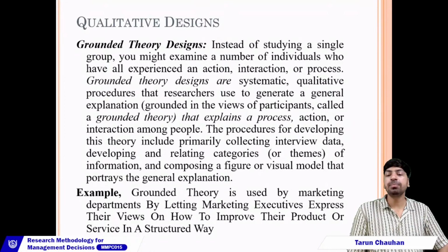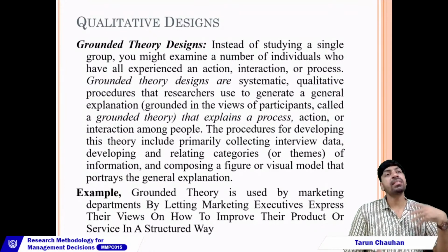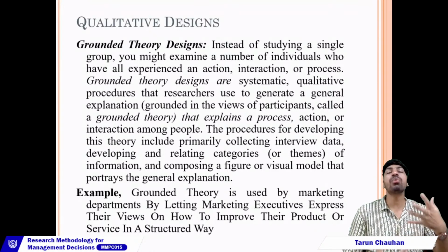For example, if a particular company has decided to improve their product or service in a structured way, what the company would do is invite the marketing executives so that they can express their views on how to improve their product or service. So it is very important. That's called the grounded theory design.